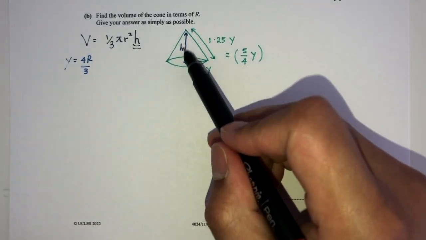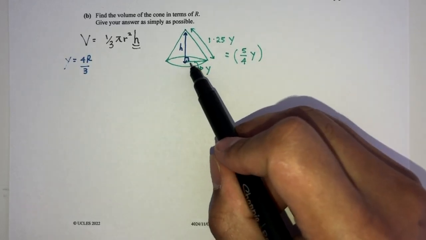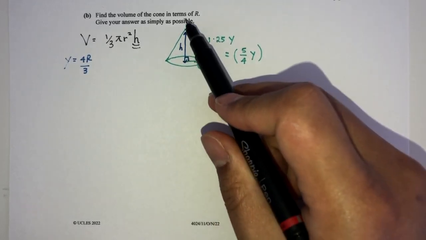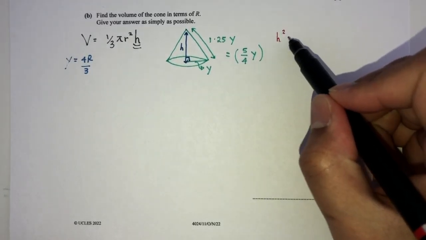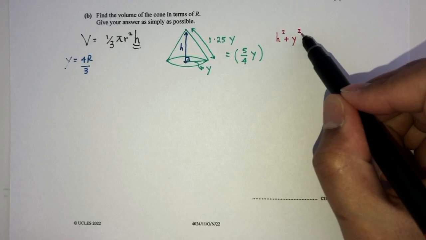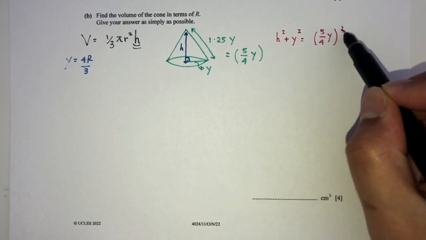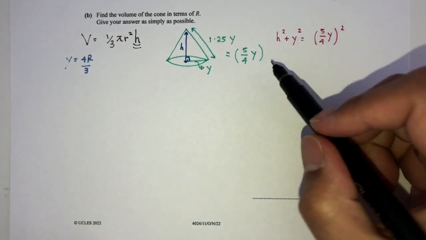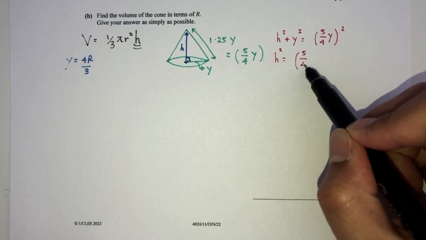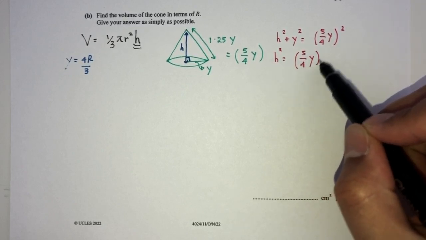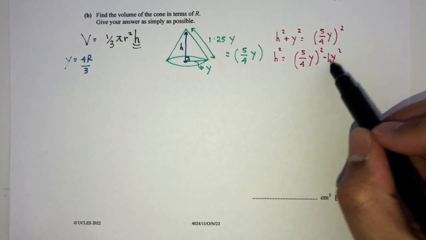So as you can see here, we have a right angle triangle. We know that if you take this side squared, it is supposed to give you this side squared by the Pythagoras theorem. So h squared plus y squared have to give you (5 over 4 y) squared. Right. From here we can simplify, where h squared has to be (5 over 4 y) squared minus y squared. What is y squared? It is 1 y squared.